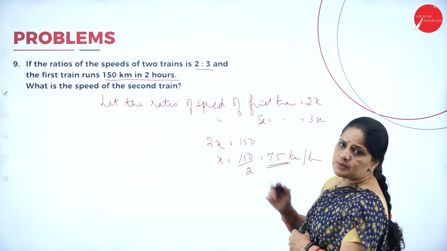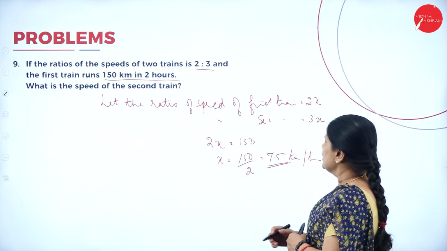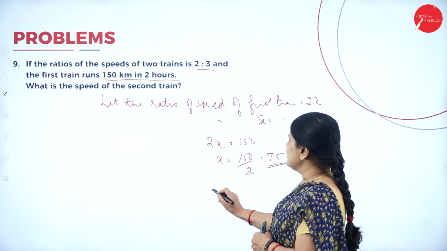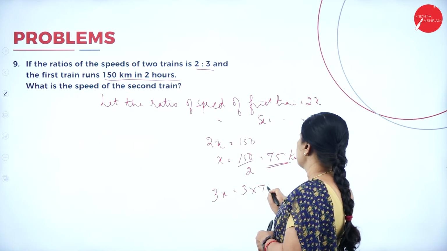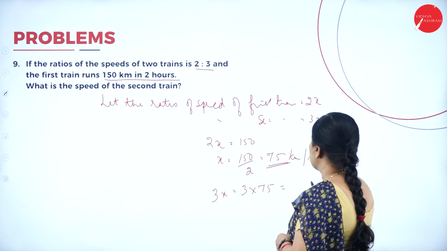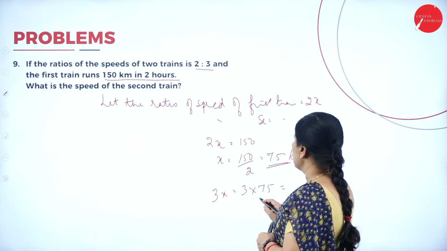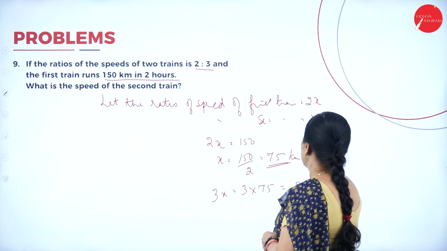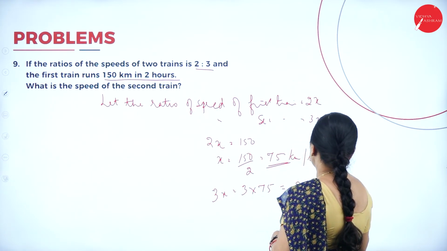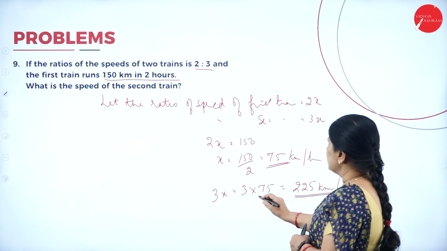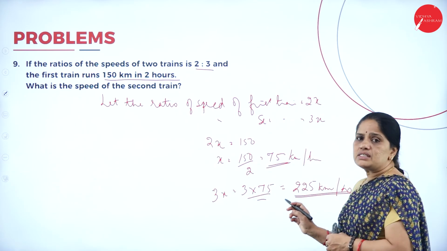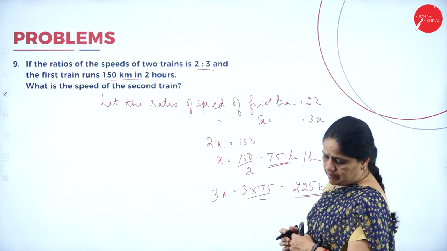Now, what is the speed of the second train? x equals 75, so 3x will be 3 into 75. The speed of the second train will be 225 kilometers per hour.